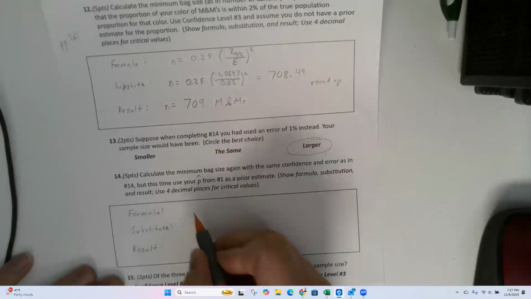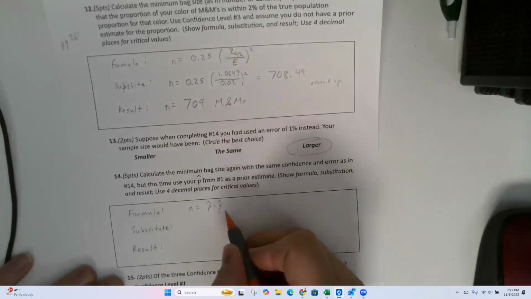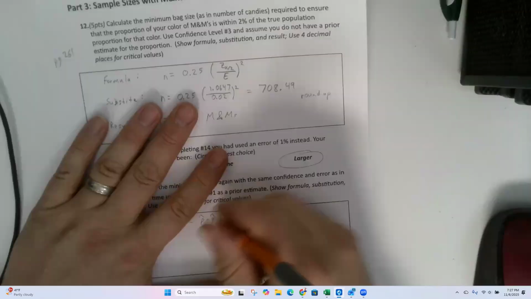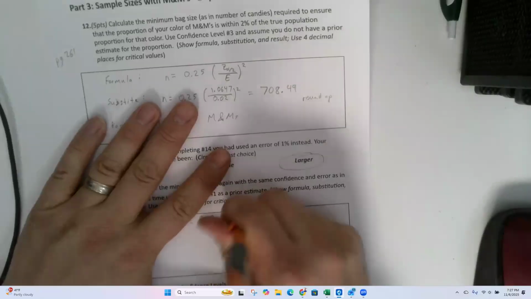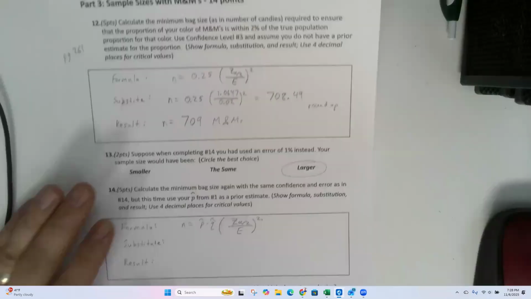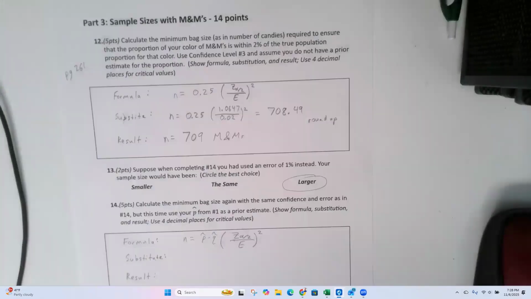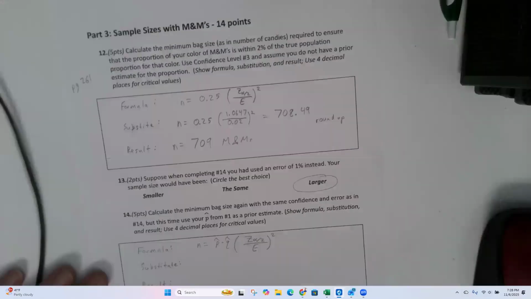All right, so n equals p hat q hat. Oh no, not square root, square. Dang it. It's this guy. Okay. P hat q hat. Page 261.